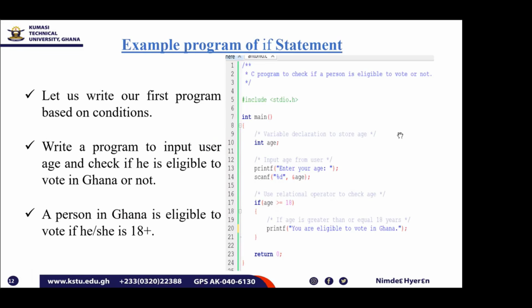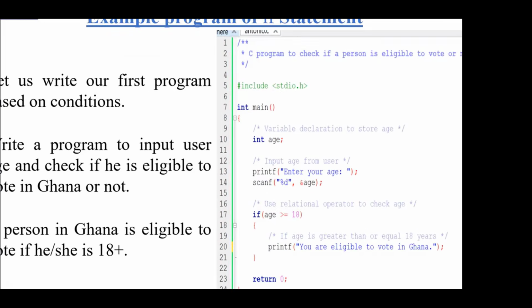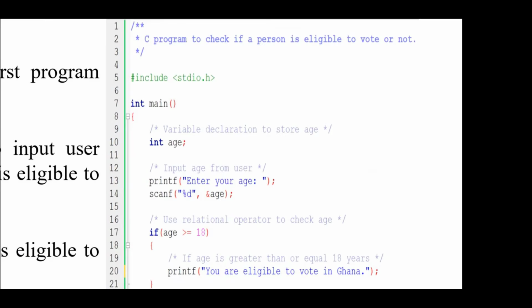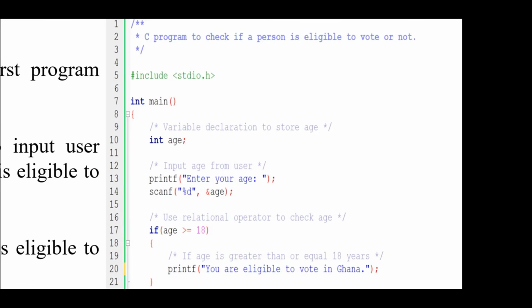Now let's look at an example of a C program that illustrates the usage of the if statement. So here, this is a program to check if a person is eligible to vote or not.